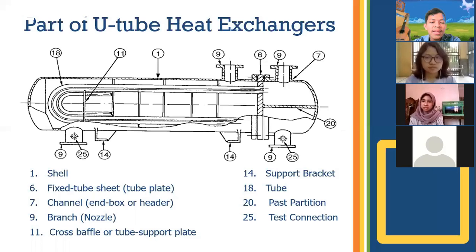Number 20, the pass partition. The pass partition plates direct the tube side fluid through multiple passes. Number 25 is the test connection. The test connection is the channel to test the fluid in the tube.